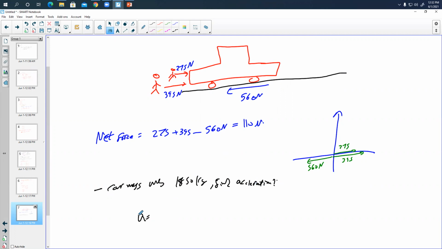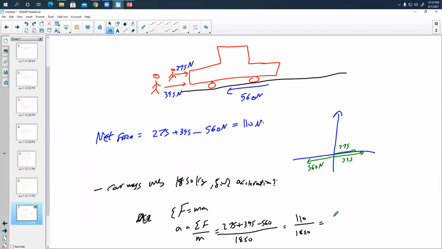The acceleration, again, F equals ma. That means your a equals all your forces divided by m. Now, all the forces that we had is, maybe I should write this down, 275 plus 395 minus 560, divided by your mass, which is 1850. So you get 110 divided by 1850. So you should get 0.059 meters per second squared.